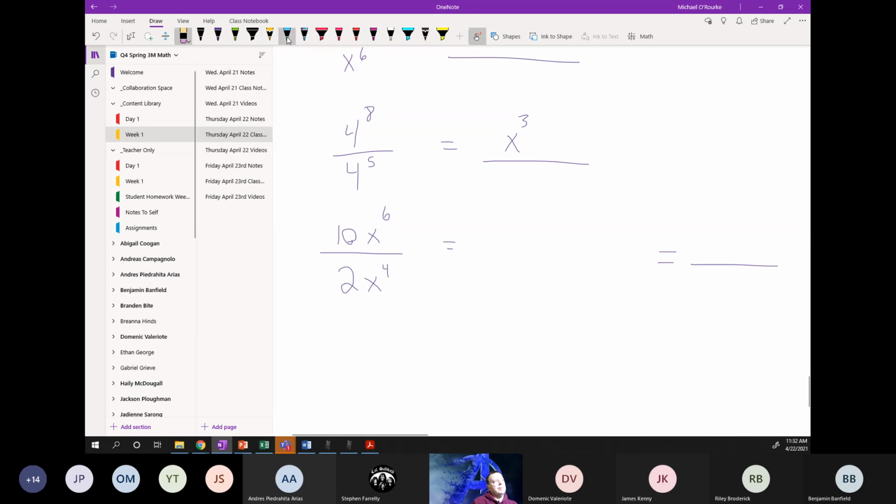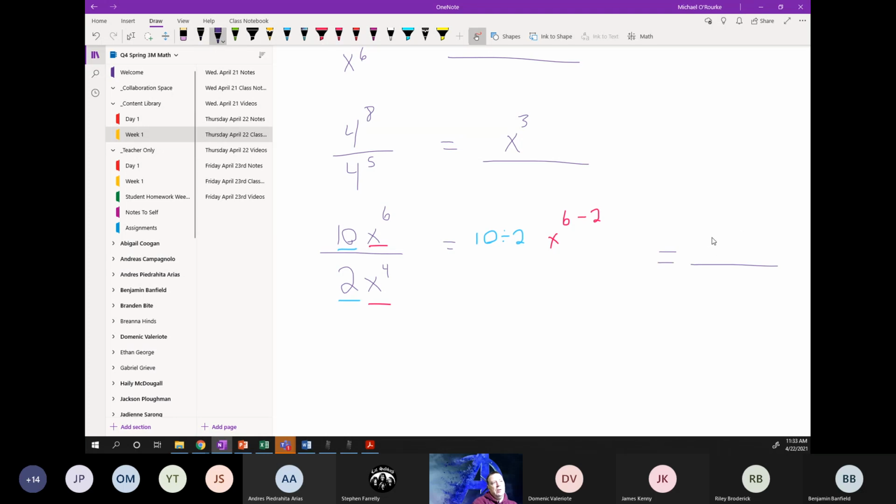So if I underline these, not quite, Gene. Think about back. We go coefficients by coefficients. So it's going to be 10 divided by 2 and x to the 6 minus 2.